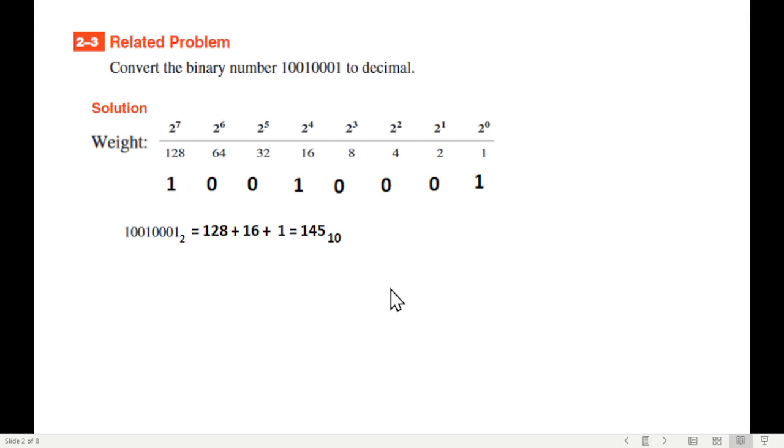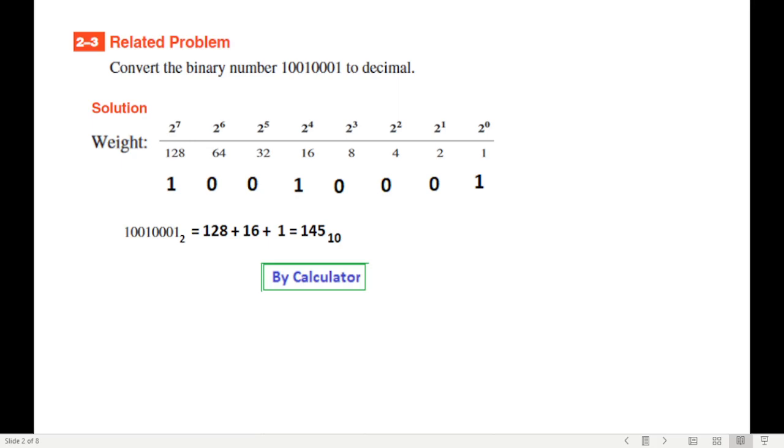Now I'll tell you a trick to confirm your answer by using your calculator. Let's say this is our calculator. We go into the mode and we select base n. So 4 is base n. Now you can see this is for decimal, this is for hex, then binary and octal. So these 4 buttons.